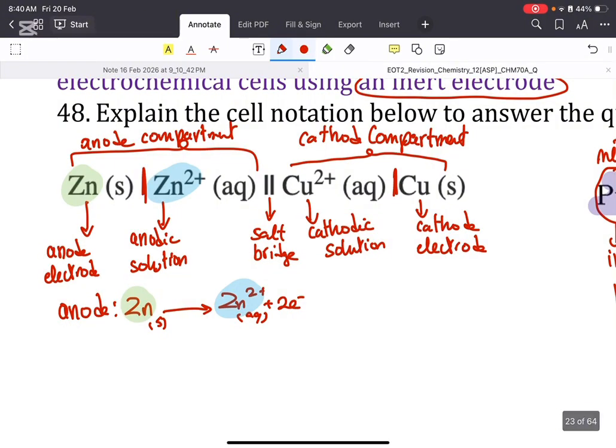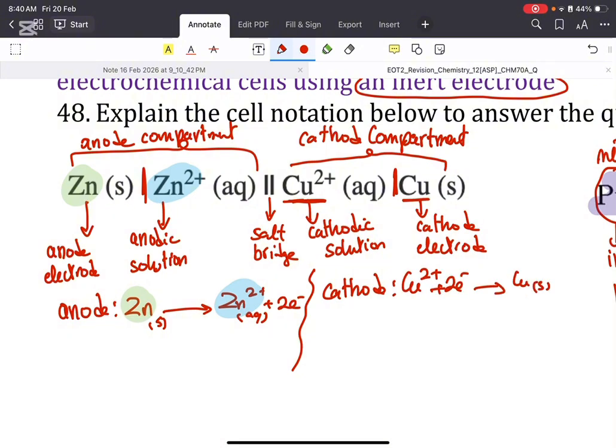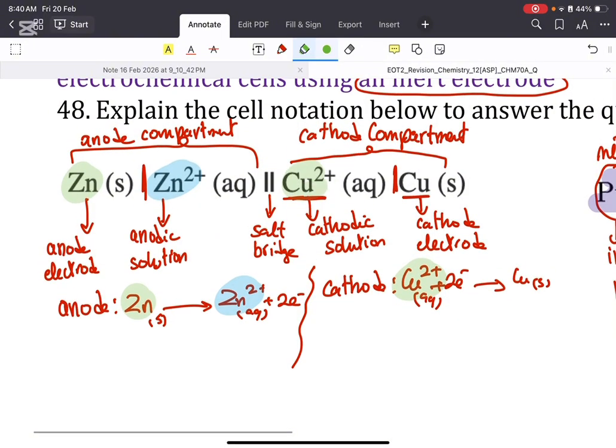Okay, now at the cathode I have a reduction of copper solution into copper solid. So here's the reactant, and here is the product.